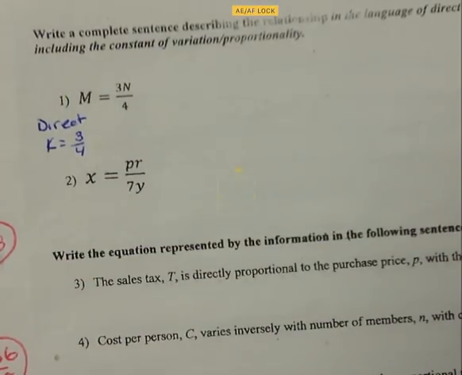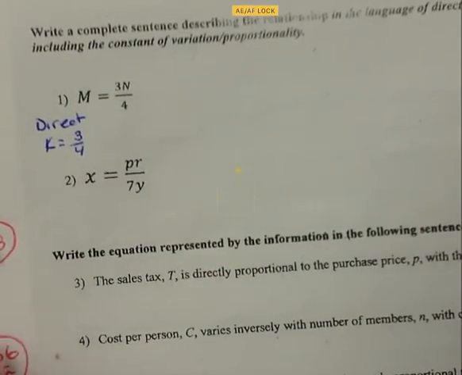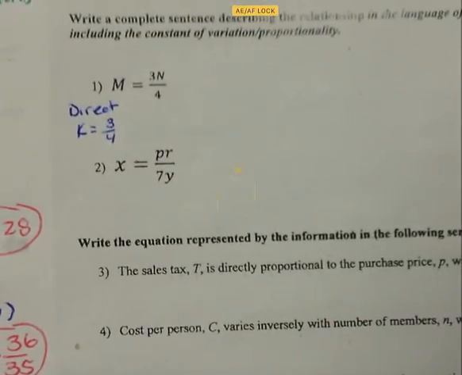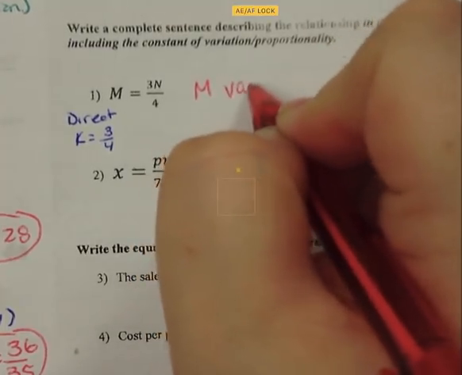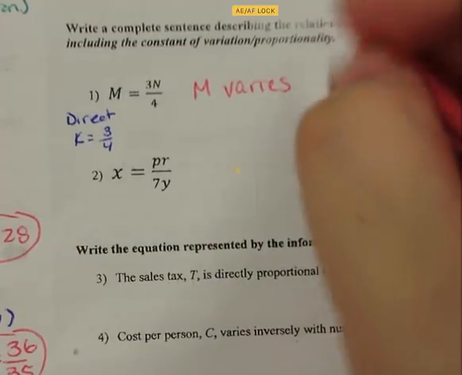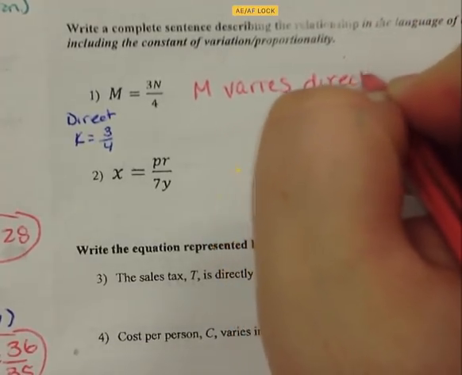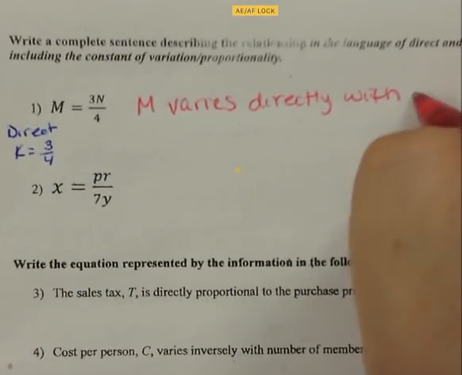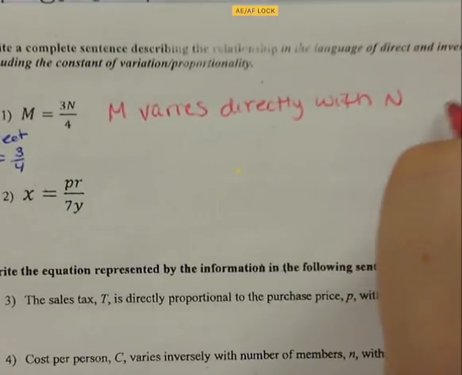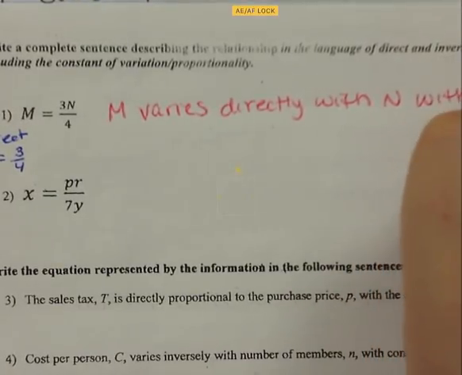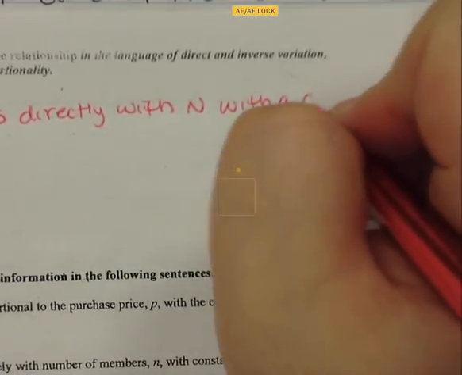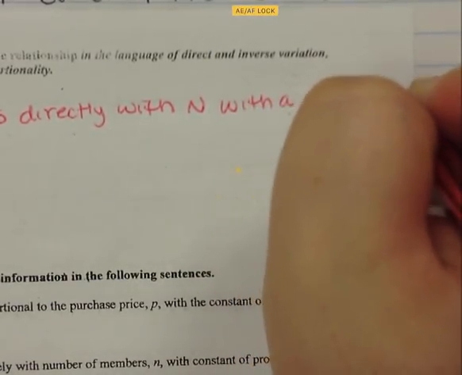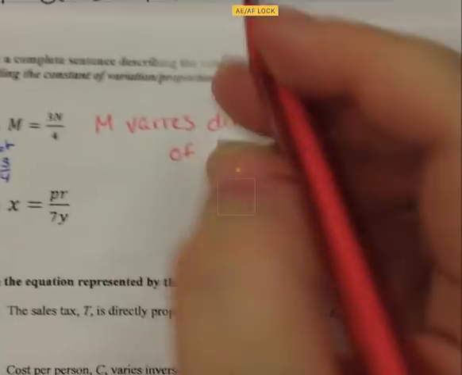So all we have to do is just write this in a sentence. So we would say, since it is m equals, it would be m varies. We said direct, so it's directly with the other variable, n, with a constant of 3/4.